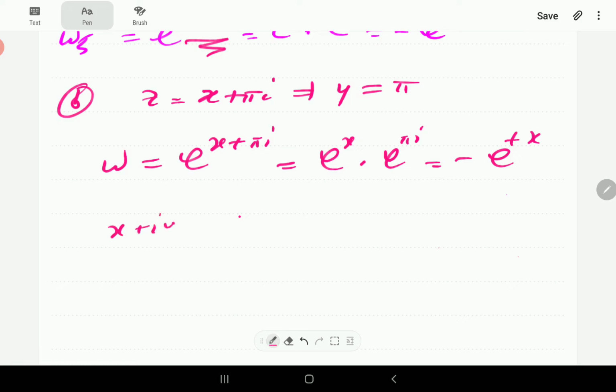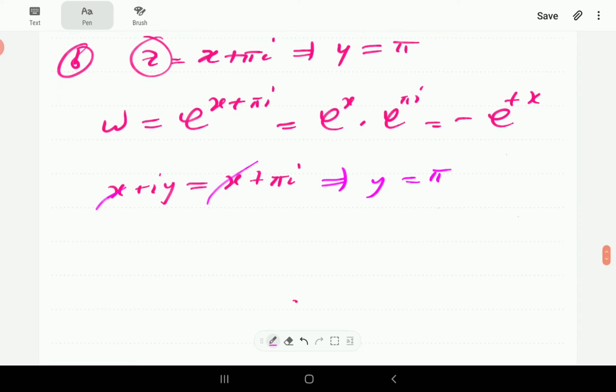So if we write x plus iy equals x plus iπ, and then of course the x's we can simply cancel out, and so this is now implying that the coefficient of i on both sides is the same. So y equals π is the equation of the straight line.